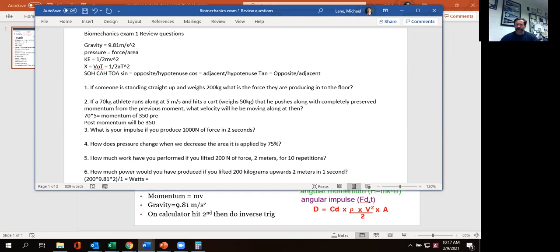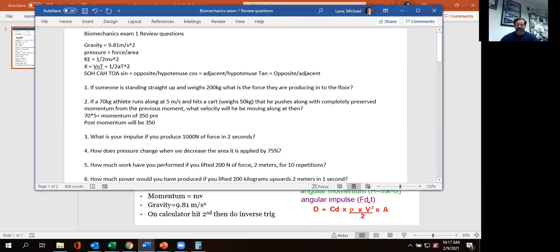So now, how much mass is moving? Post, how much mass do we have moving? Bingo. We have 120 kilograms because we have the mass.